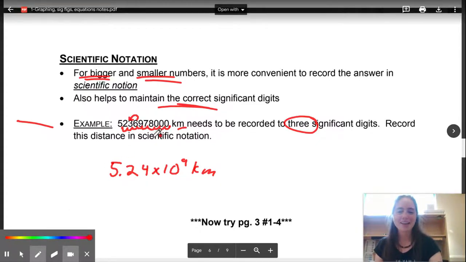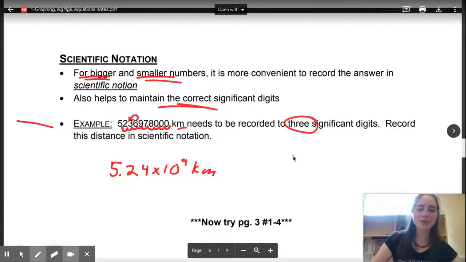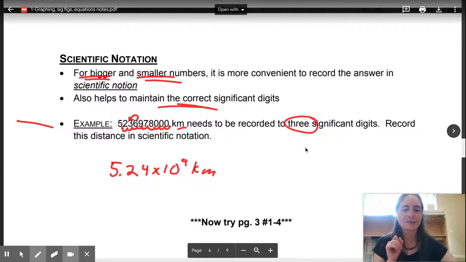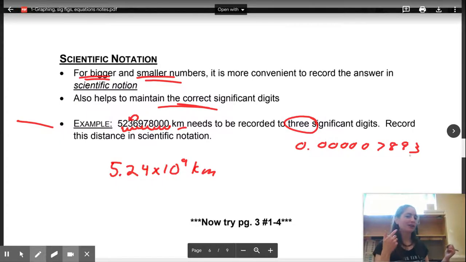Okay, so that's your example of how to take a large number and put it into scientific notation. So now we have our next example. Let's do a really small one. 0.00000007893. Okay, well that number needs to be rounded to, let's say, 2 sig digs.